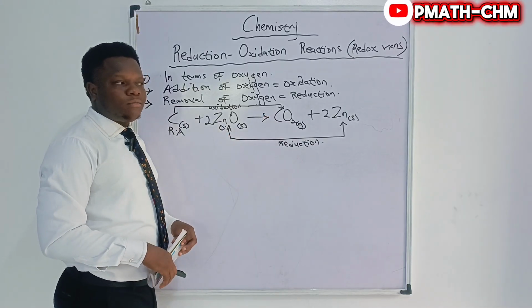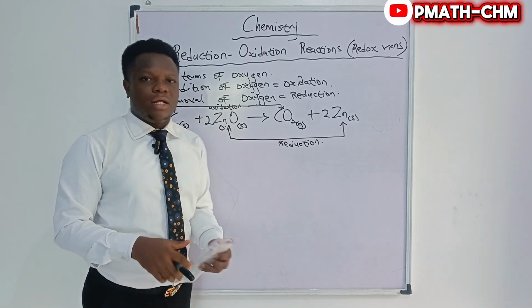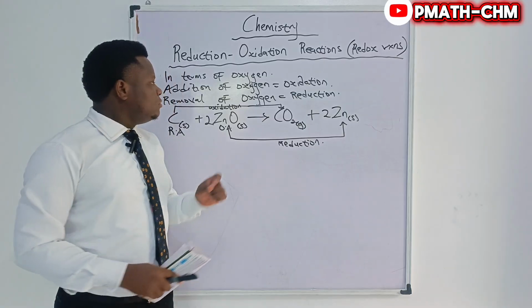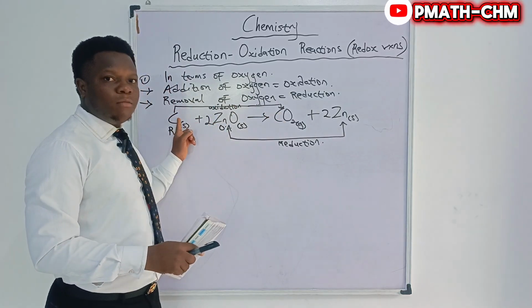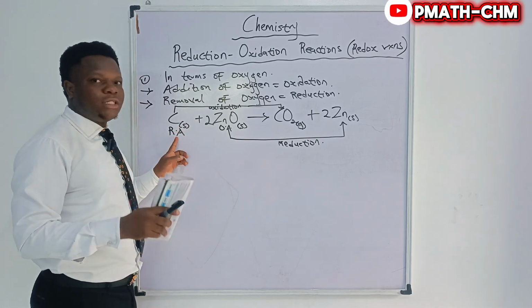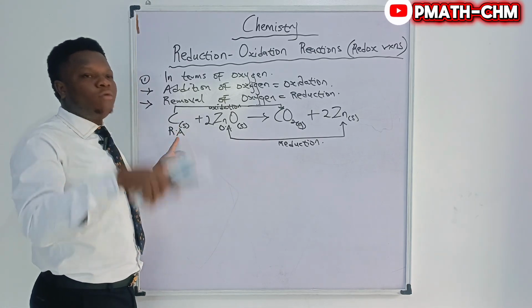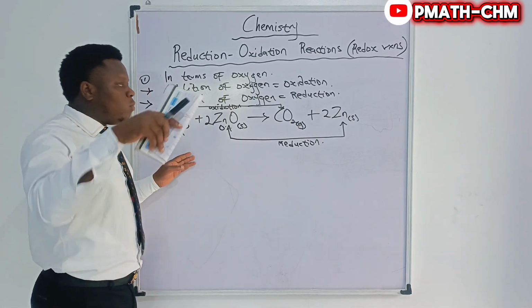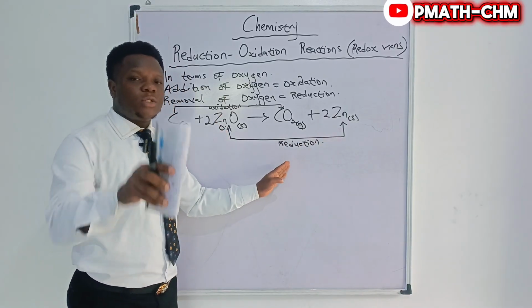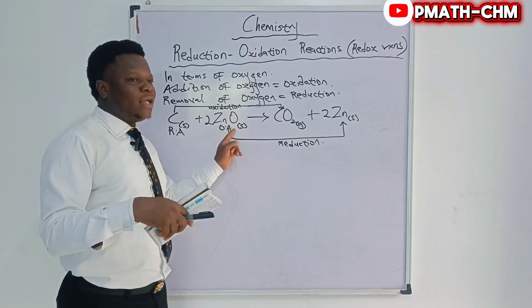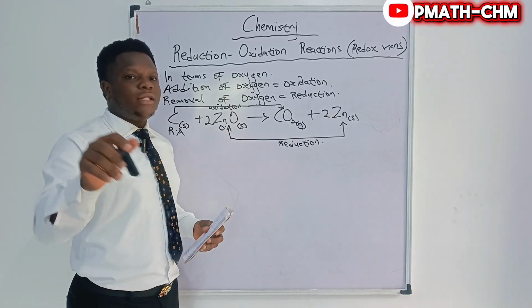Now we're going to make a general rule for ourselves here that will help us in this topic. The substance that is oxidized, which is carbon now, is usually the reducing agent. Not usually even, it's always the reducing agent. While the substance that is reduced, zinc oxide, is the oxidizing agent. I would advise you to write that point down.